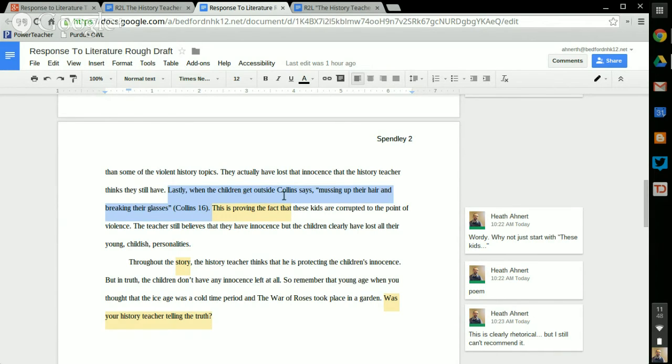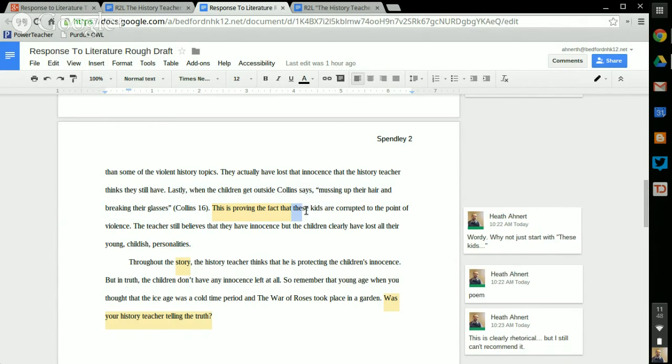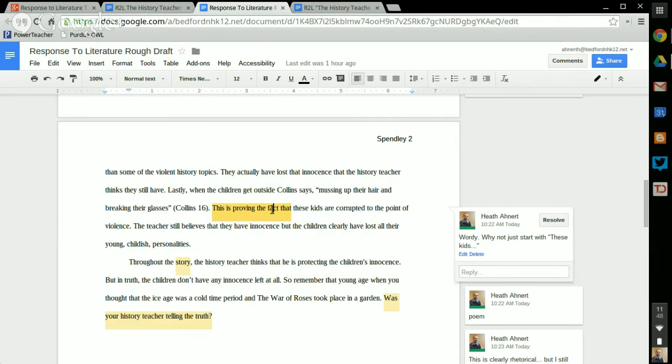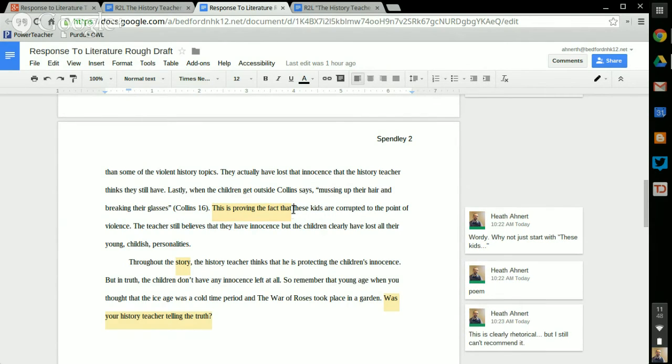Lastly, when the children go outside, here's a quote. And so he can just write his sentence here, these kids, because this pronoun here, these kids, covers these children. So I know as the reader, he's talking about this. All right. So if you find a this shows or this proves, see if you can just take it out, because it'll probably sound more authoritative if you start right at the beginning of what you wanted to declare.